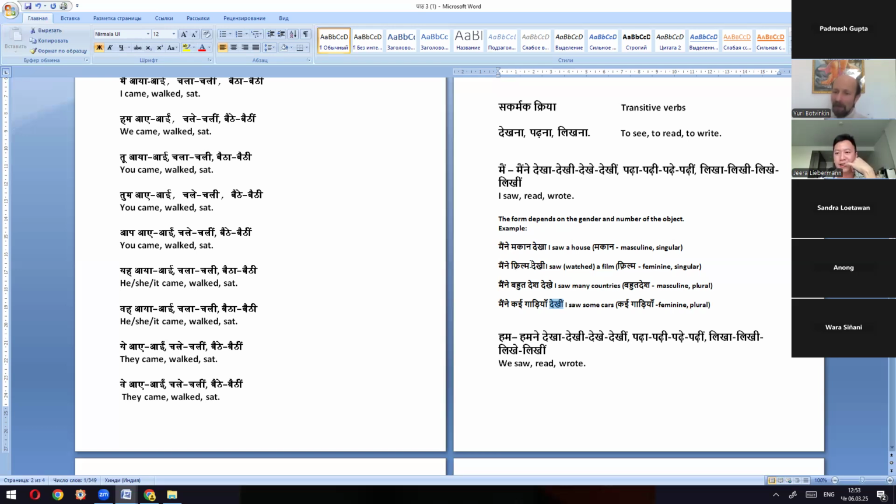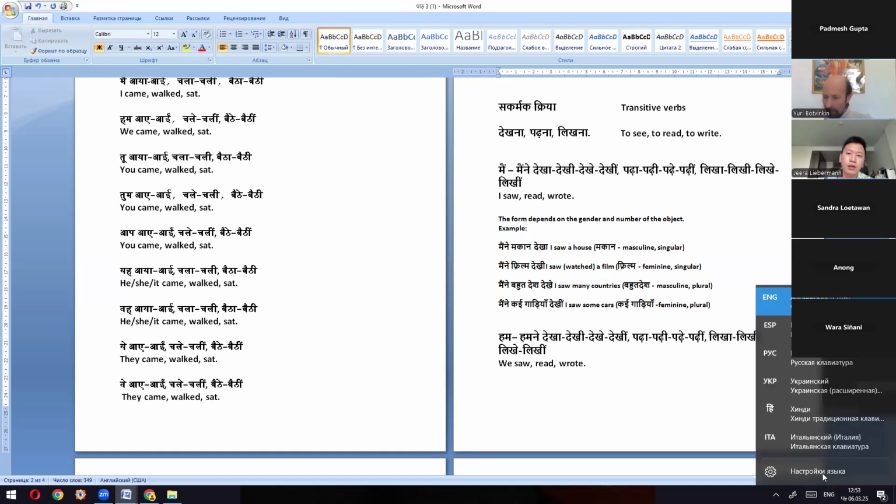Exactly. There are two ways of saying these sentences, but for our lesson, I chose only this direct connection between the verb and the object, so as not to make it too complicated. Of course, we can say also मैंने मकान को देखा.